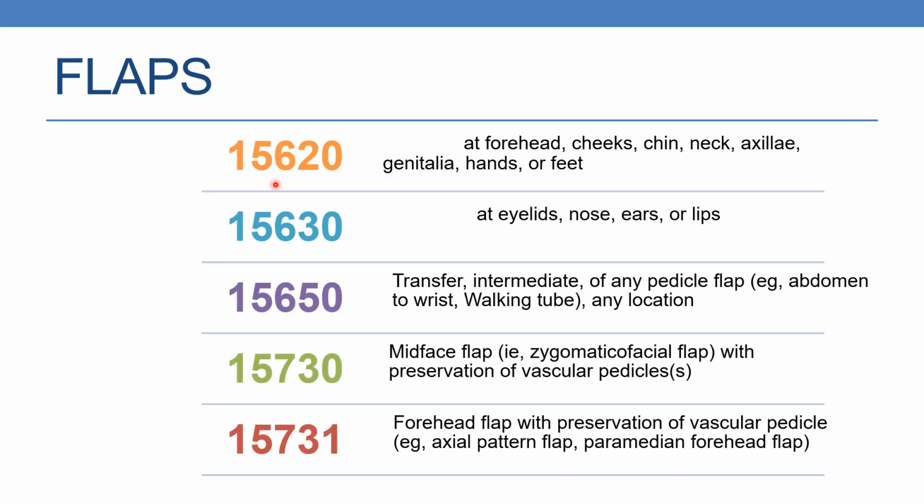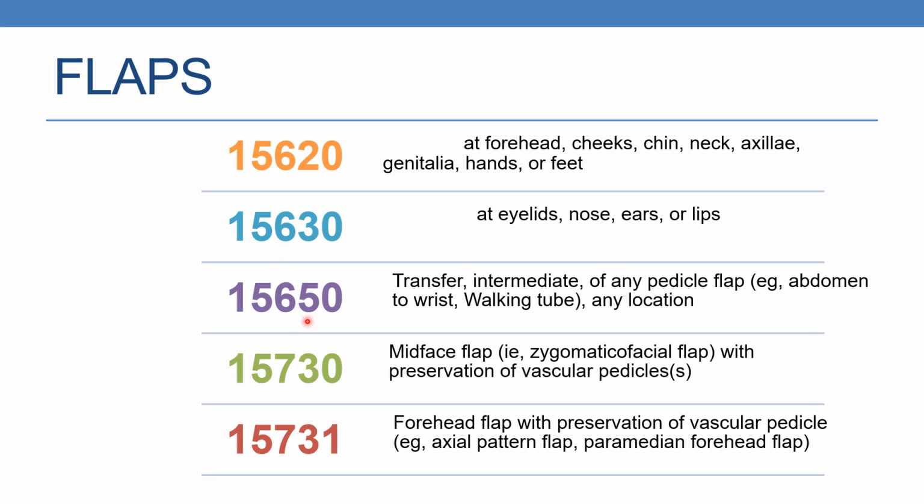The next code is 15620. Here it indicates delay of flap at the regions forehead, cheeks, chin, neck, axilla, genitalia, hands or feet. And 15630 indicates delay of flap of eyelids, nose, ears or lips.